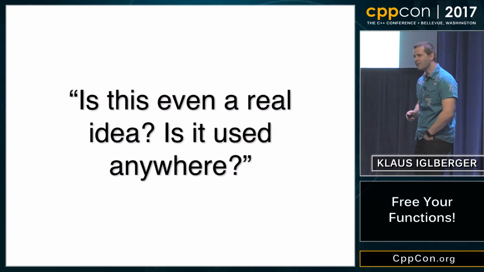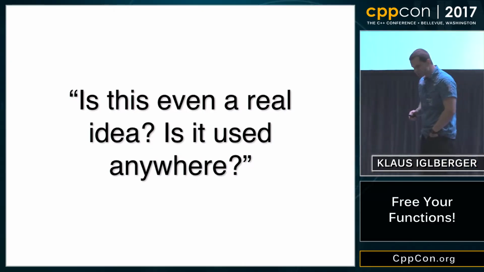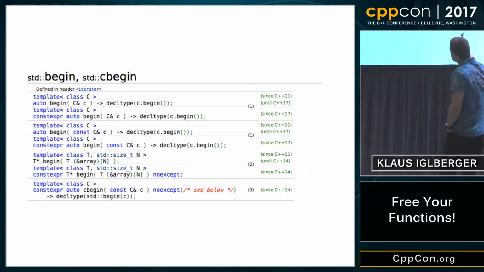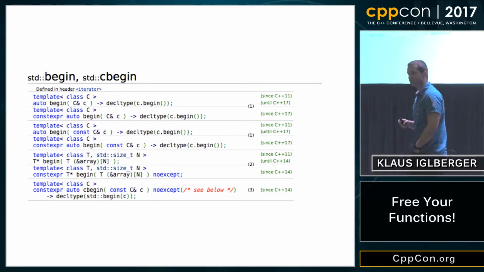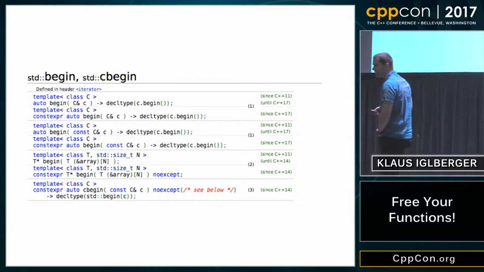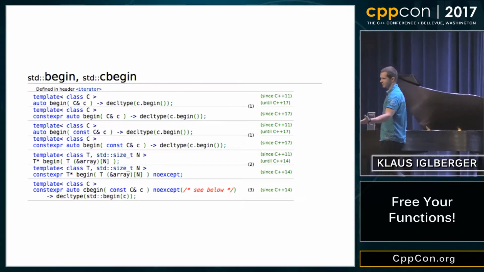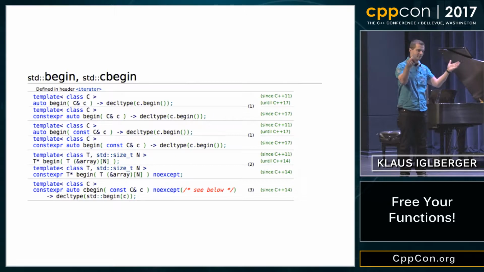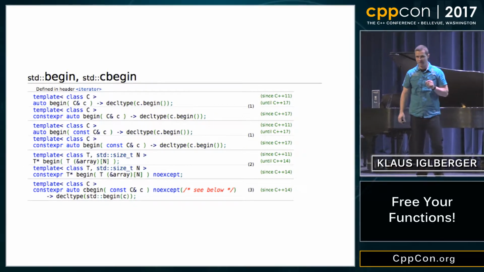However, I think I have a couple of strong arguments. What about the standard library? Well, for instance, let's take the standard begin function. You might have noticed that in C++11 they added free begin and end, and of course also cbegin and cend functions. These four functions complement, of course, the member functions.